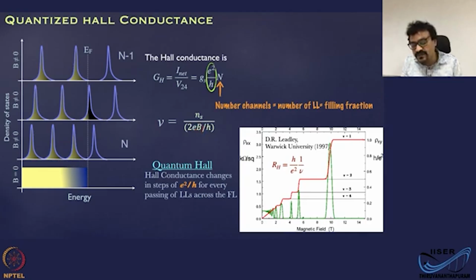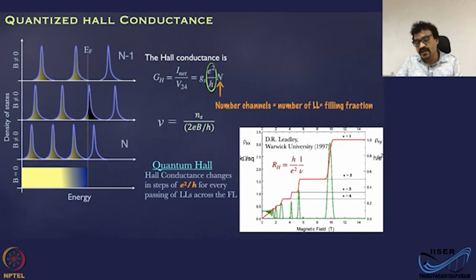So what that means is, when you ramp the B field, you are going to reduce the number of Landau levels below the Fermi level one at a time, one by one. But every time you reduce it by 1 Landau level, you will miss 1 level at the edge, because the number of edge channels available for transport, that is given by this N here in the Landauer formula, is basically the number of Landau levels, because each Landau level in the bulk will contribute to one edge state.